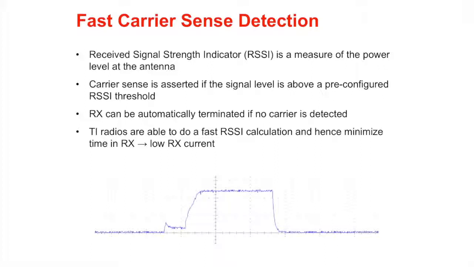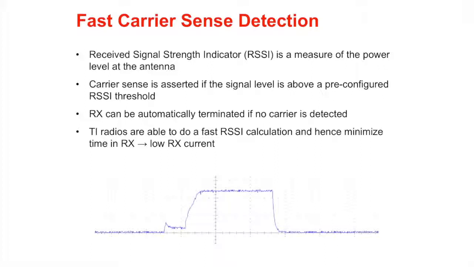While in receive mode, the radio will continuously measure the signal level, and if the level is above a pre-programmed threshold, a carrier sense signal is asserted. The time it takes from entering receive mode until the radio can determine if the signal is above or below threshold is called the carrier sense response time.